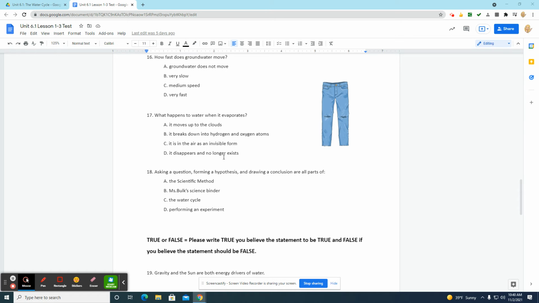What happens to the water when it evaporates? Does the water move up to the clouds? Does the water break down into hydrogen and oxygen atoms? Is the water in the air as an invisible form? Or does the water disappear and just no longer exist? What happens to water when it evaporates?